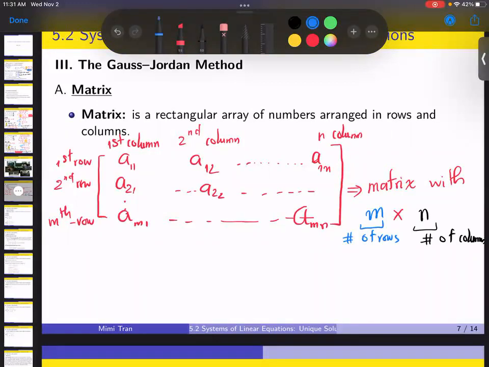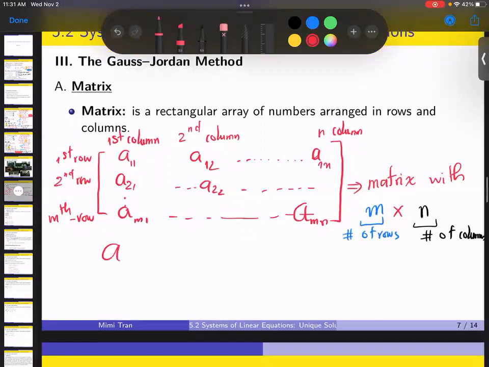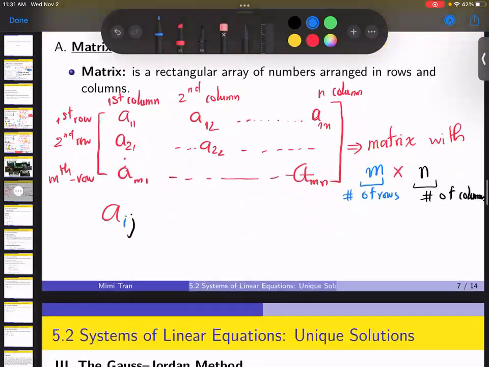So a ij is what? i is the location of the row. And j is the location of a column.